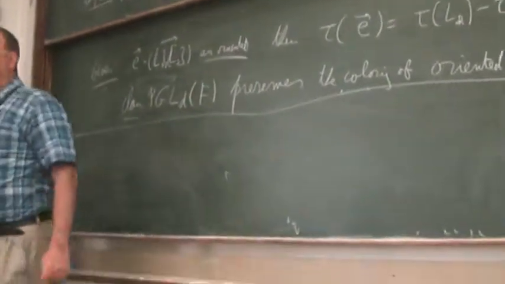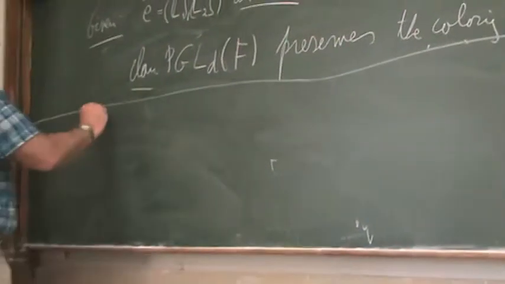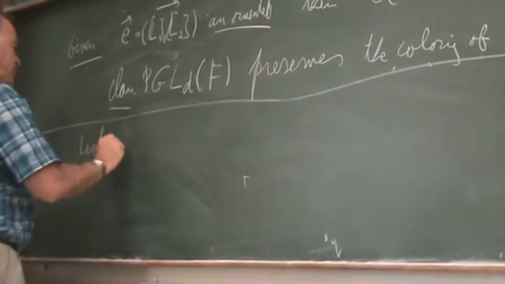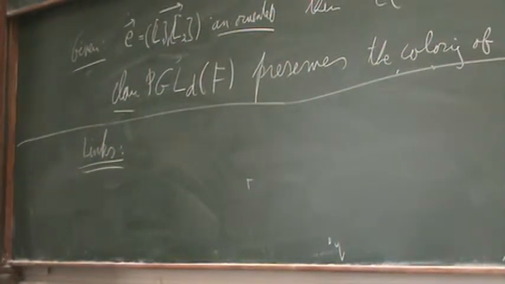Let me now talk about the link of the building. Now this is something which we didn't have a chance to talk about, but something very important for a general simplicial complex. So let's first define it for a general simplicial complex.